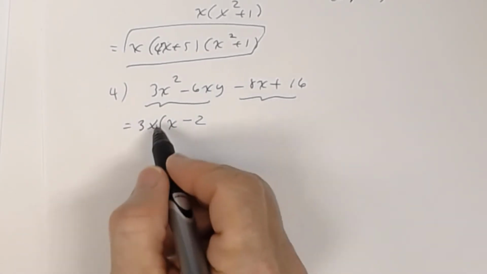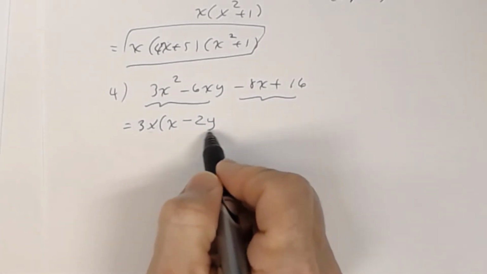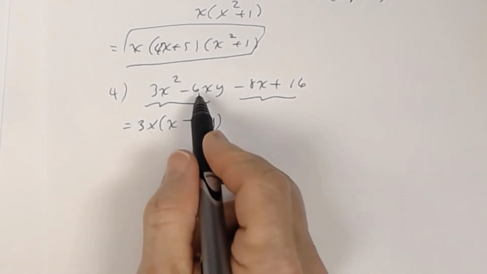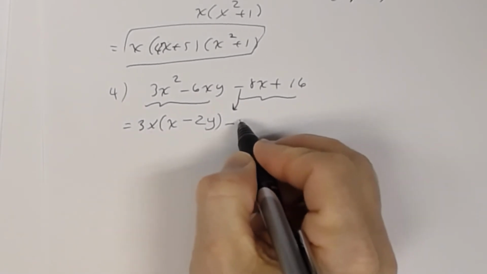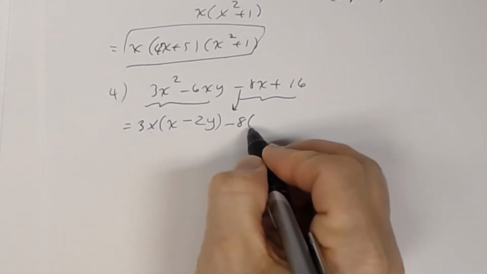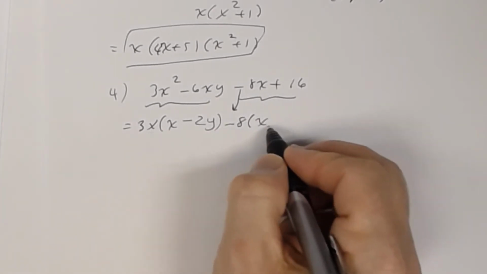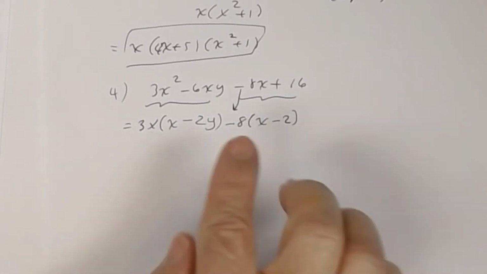So you only had 1 here, you factor it out, but you do need a y. And so always check, 3x times a negative 2y gives us a negative 6xy. And then over here, you're going to factor out a negative 8, and then you get negative 8 times x is a negative 8x, and then negative 8 times a negative 2 is a positive 16.